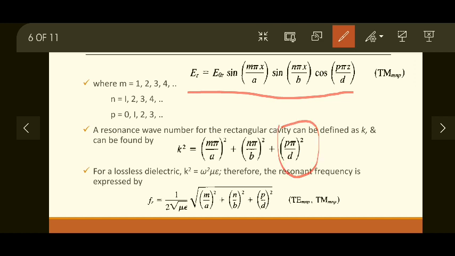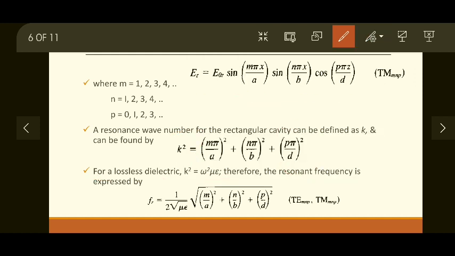For finding the resonant frequency, you can use this wave number formula. For lossless dielectric, that means if within the cavity there is no dielectric or a dielectric which is lossless, k square will be equal to omega square mu epsilon. Mu is permeability, epsilon is permittivity.